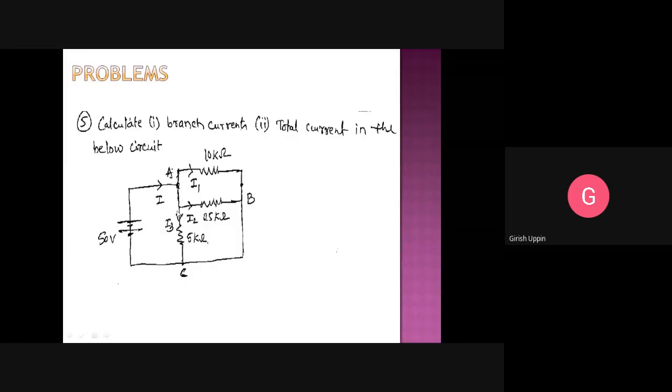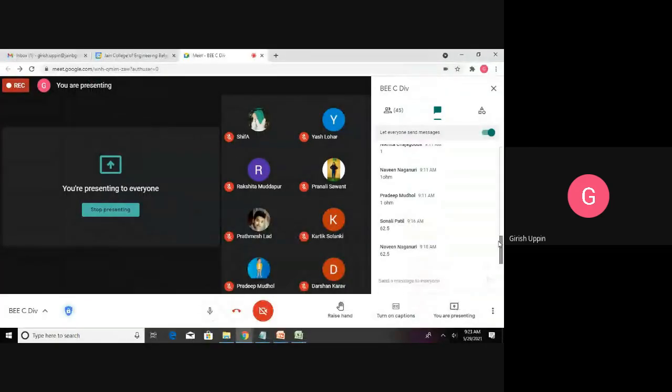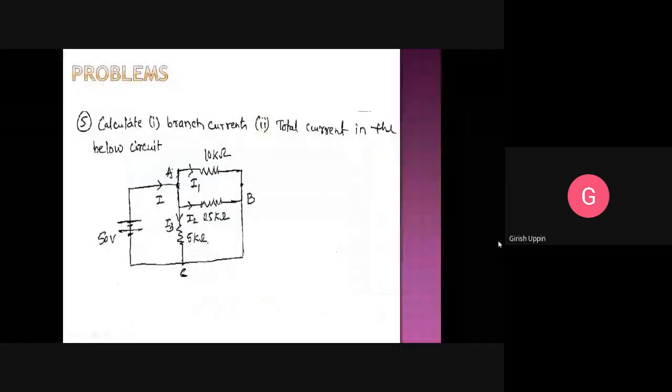How to find the total current? You know the Rp and you know the 50 volt. So V is equal to IR, okay, I is equal to V by R. What is the value of the total current? What is the equivalent resistance?